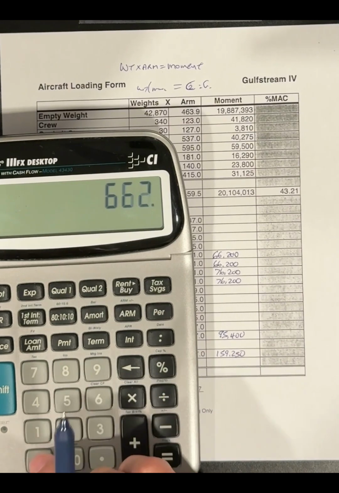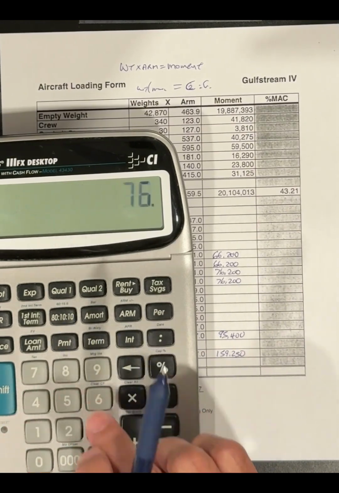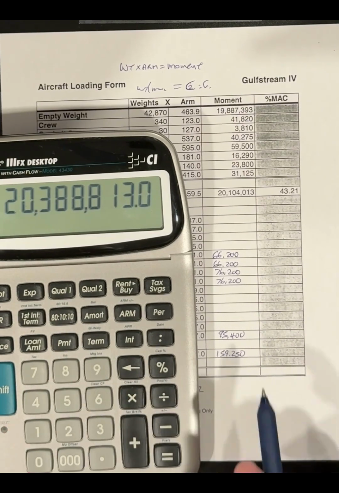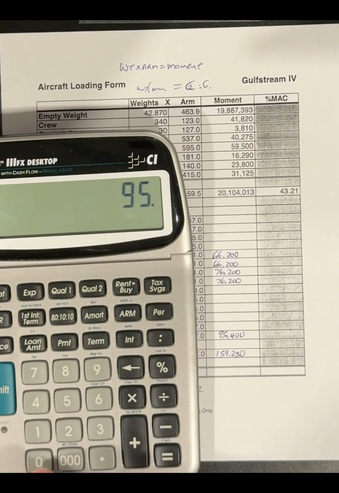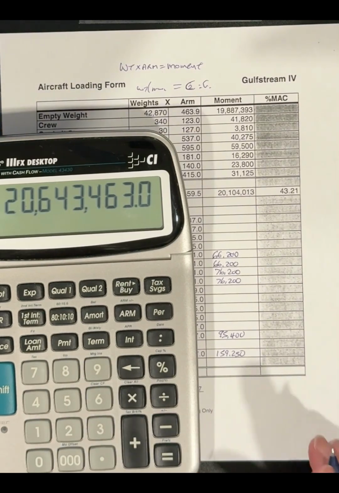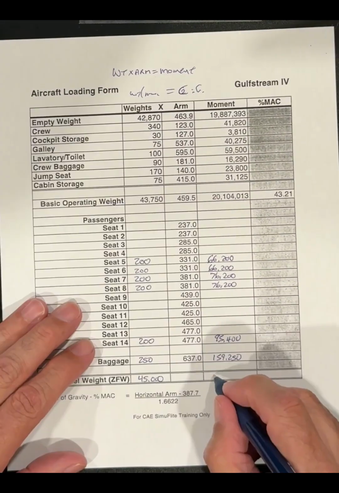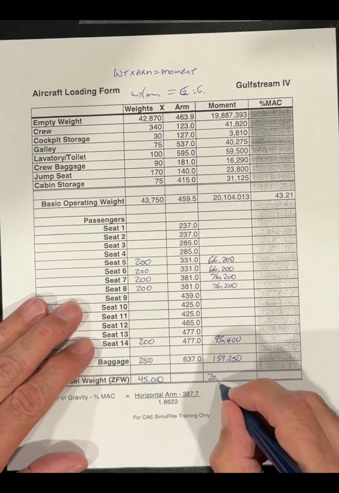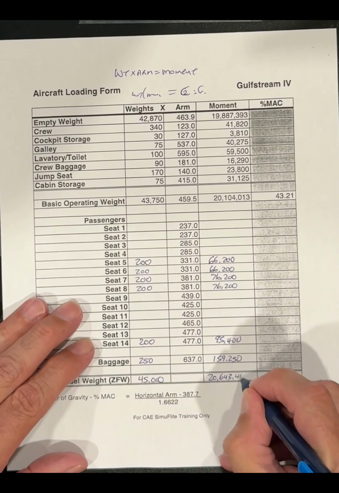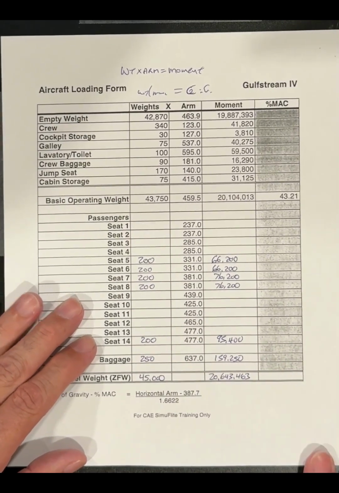Plus 66,200, plus 66,200, plus 76,200, plus 76,200, plus 95,400, plus, and then we have 159,250. When we're done with that, it gives us a grand total. So let's write that in here. 20,643,463. All right.